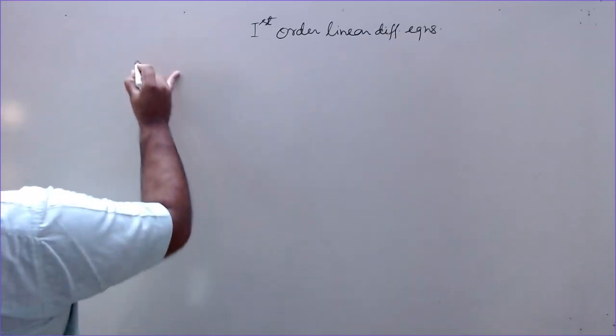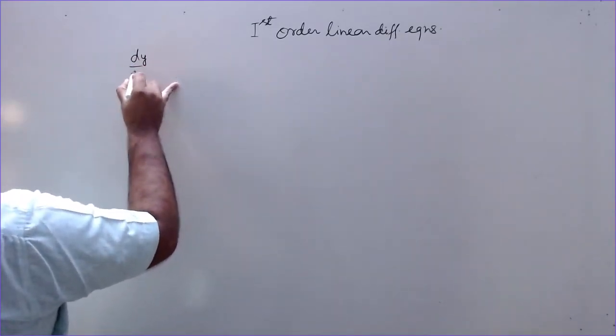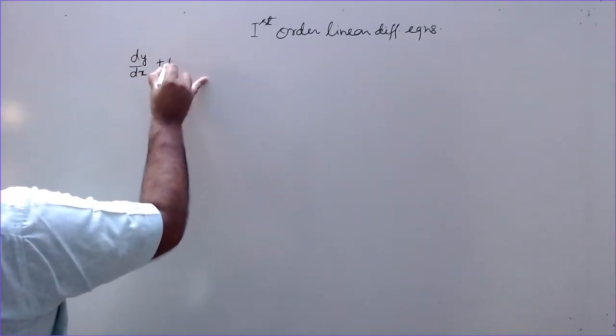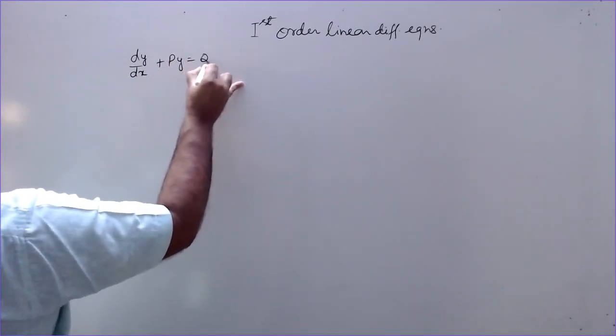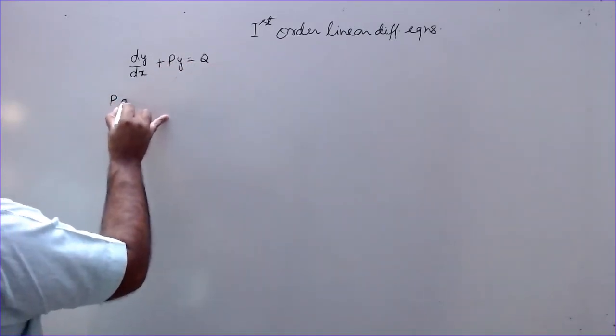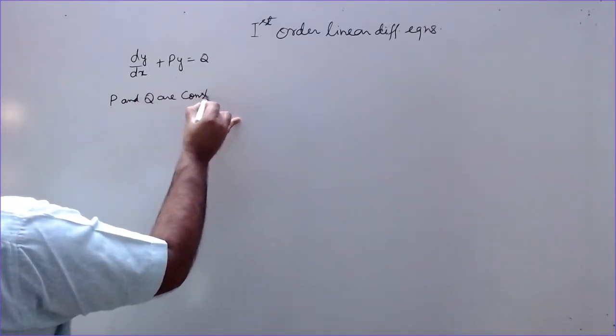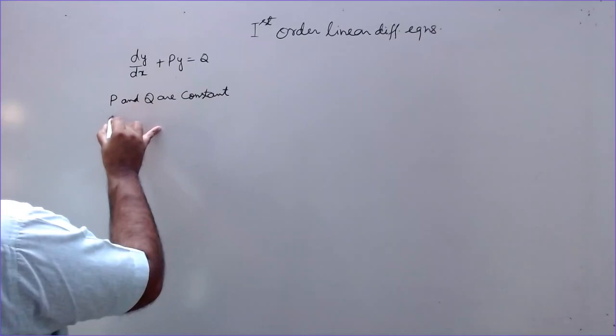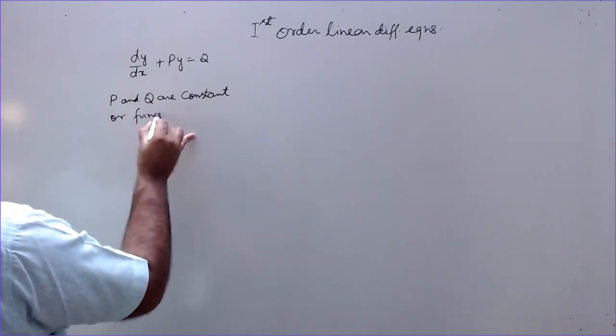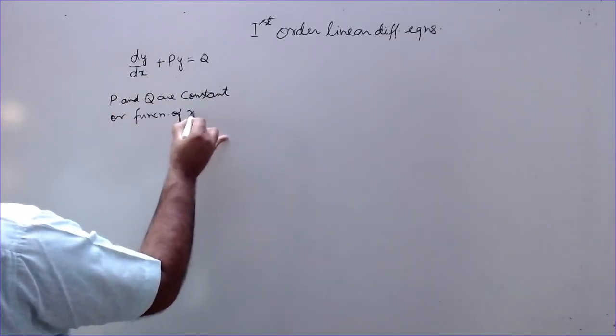This type of equation is written as dy by dx plus py is equal to q. Here p and q are constants or functions of x.